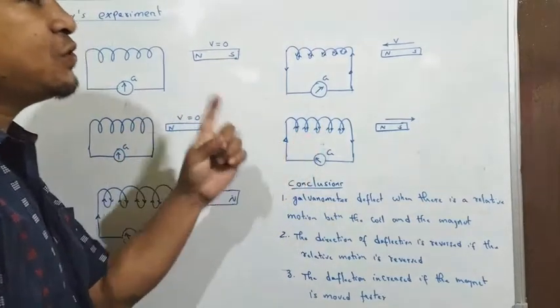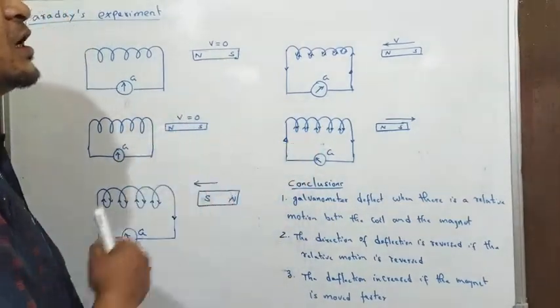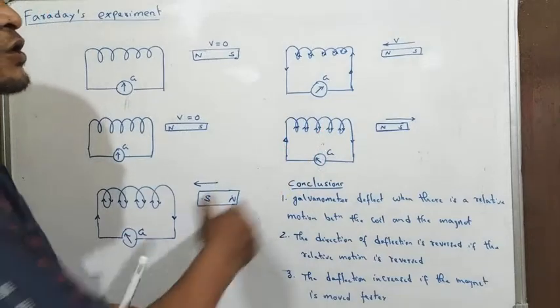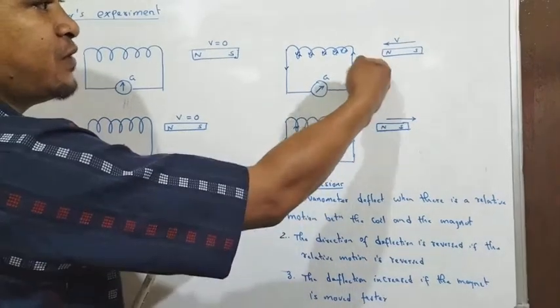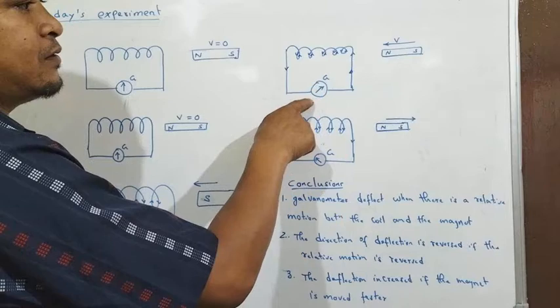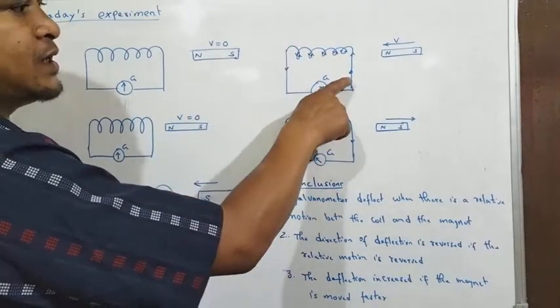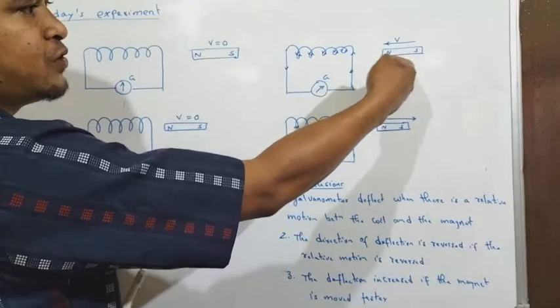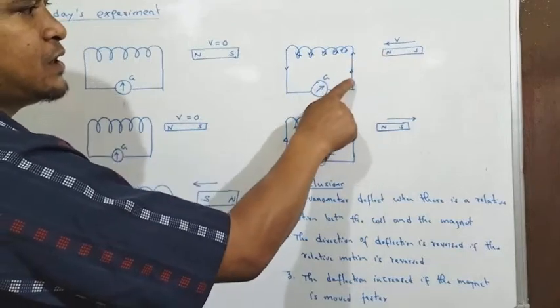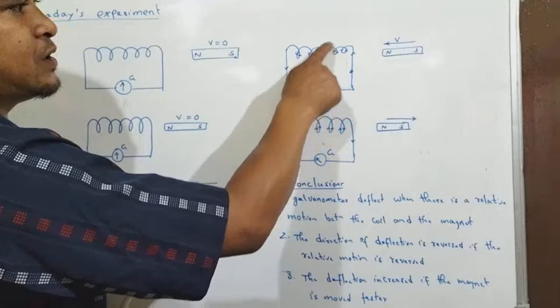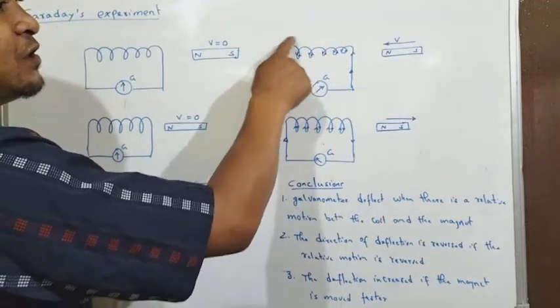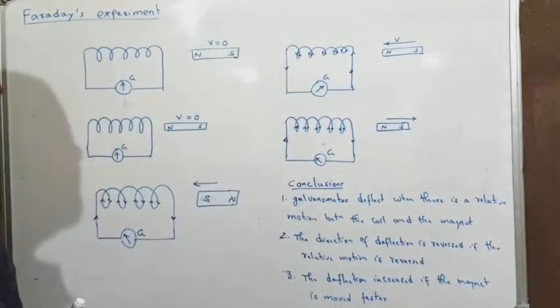When the galvanometer shows deflection, it means there is a current in the circuit. So as the galvanometer deflects by moving the magnet, it means a current is flowing in the coil. And when the north pole is moving towards the coil, this current is flowing in this direction.